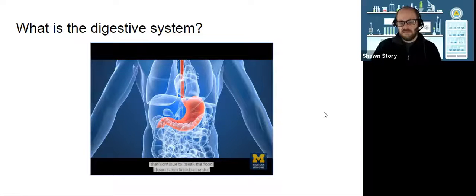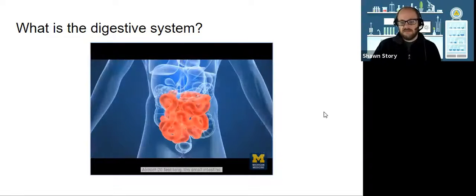It holds the food and mixes it with acid and enzymes that continue to break the food down into a liquid or paste. Almost 20 feet long, the small intestine, also called the small bowel, is the workhorse of the digestive system. It will continue to break down food with enzymes released by the pancreas and bile released from the liver.